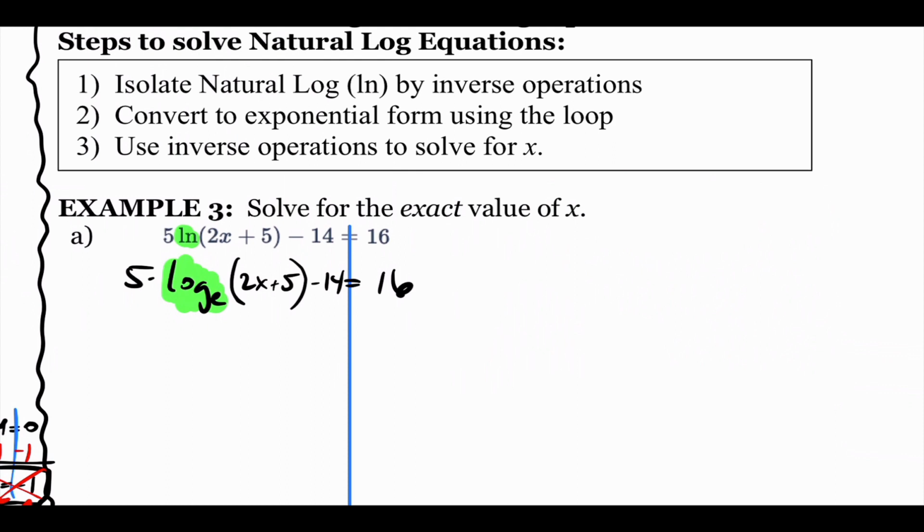So the next step says isolate. We want to get the green stuff by itself. I have a 5 times in the front, and I have a negative 14 on the back. If we're solving, we start with subtraction and addition.